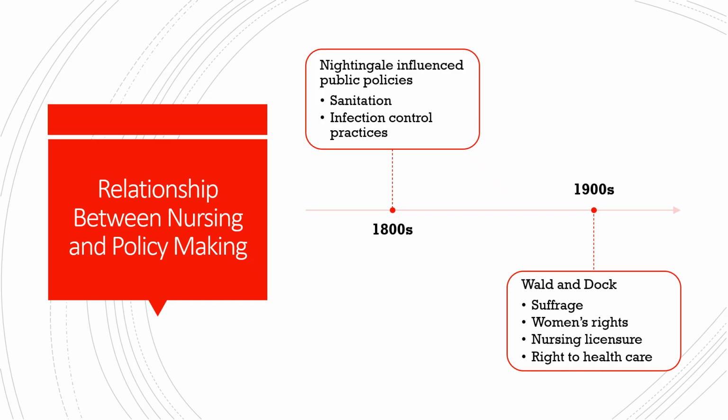So let's talk a little bit about the relationship between nursing and policymaking. It began as early as Florence Nightingale. I want you to think about when she developed the processes and policies that we now look at when it comes to sanitation and infection control. And then in the 1900s, we had individuals like Lillian Wald and others who created policies reflective of women's rights, nurse licensure, and the right to health care.